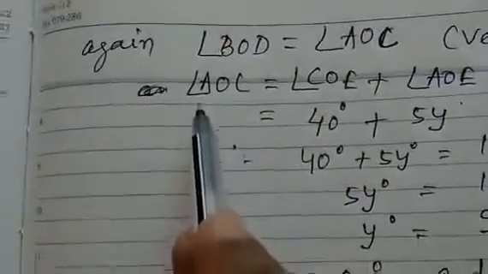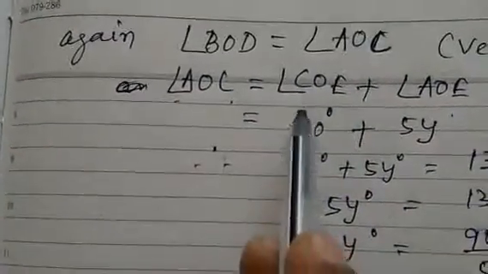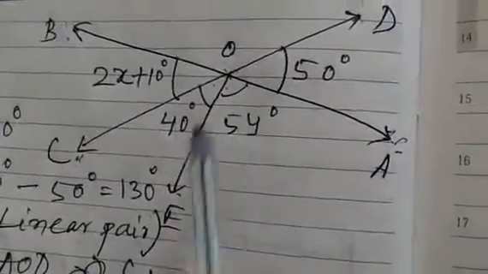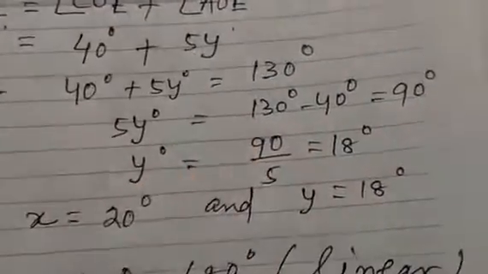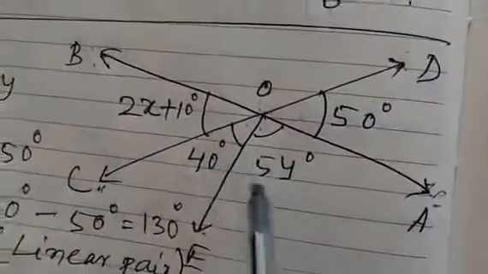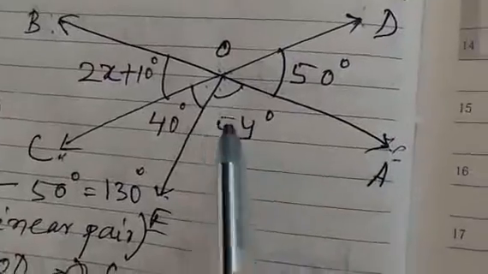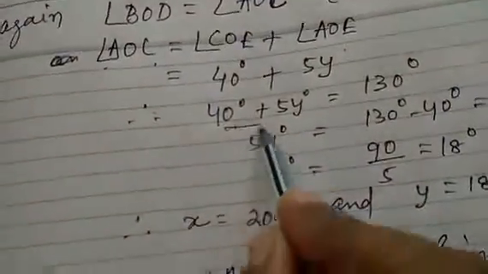Since angle COA, or angle AOC, is equal to COE plus AOE, and COE is equal to 40 degree and angle AOE is 5y, so 40 degree plus 5y is equal to 130 degree.